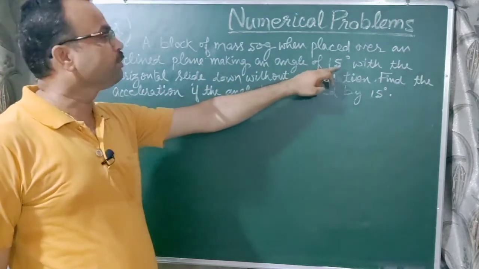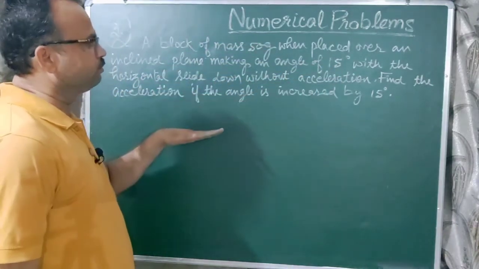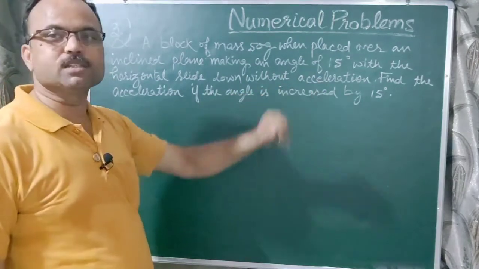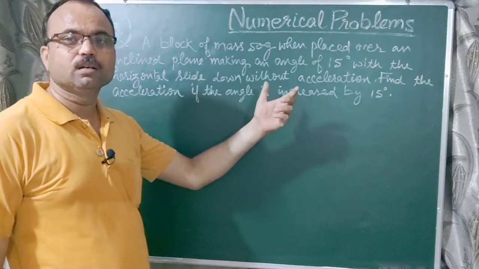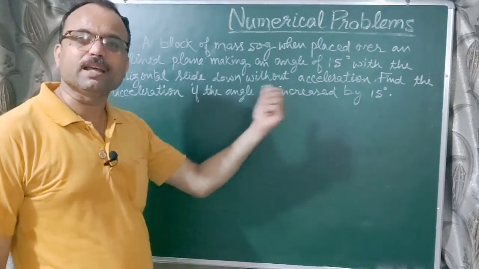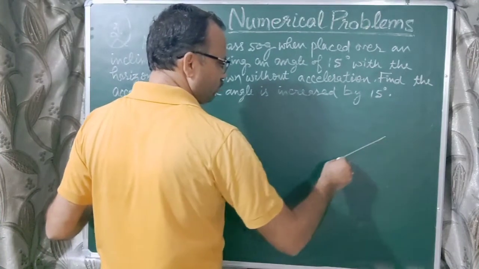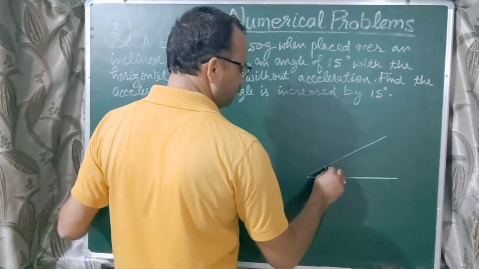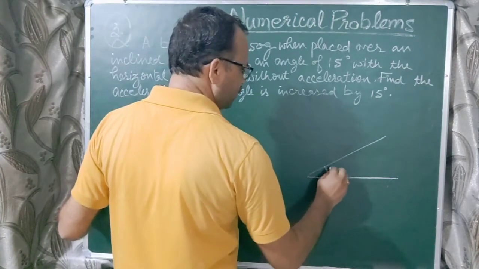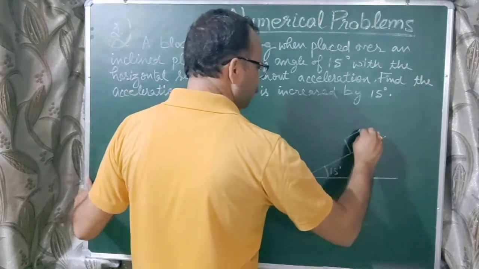angle of 15 degree with the horizontal, and it slides down the inclined plane without acceleration, means the body is placed at an angle which is less than the angle of repose. It means this is the inclined plane which makes an angle of 15 degree, and the body is placed on the surface.